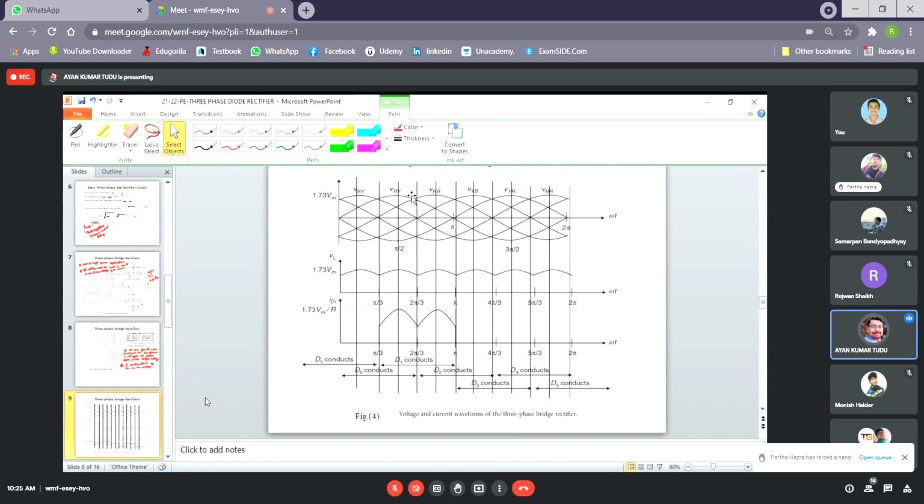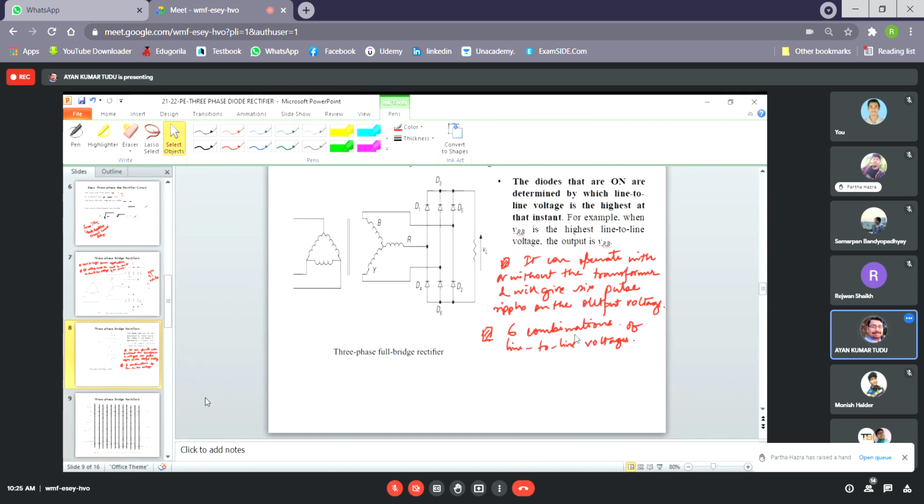Because of the 6 transitions that occur for each period of the source voltage, the circuit is called a 6 pulse rectifier.